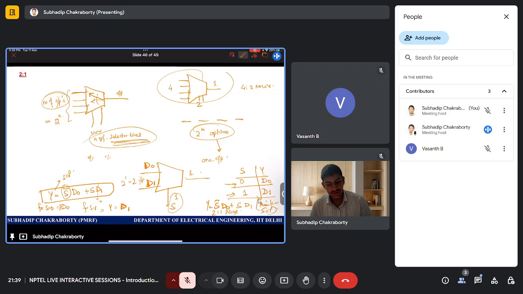Similarly, if you try it for 4:2, what will happen? S1 and S0 are the two selector lines. For that you have 4 possibilities: 0 0, 0 1, 1 0 and 1 1, selecting D0, D1, D2, D3.